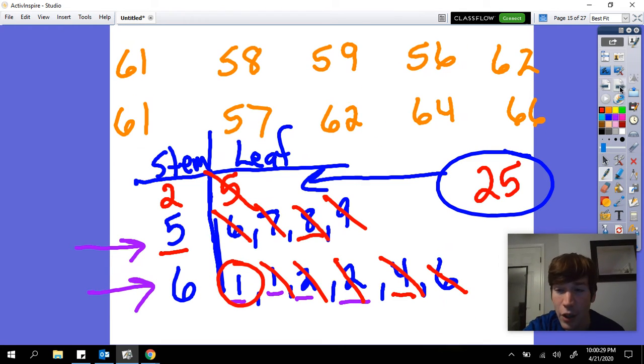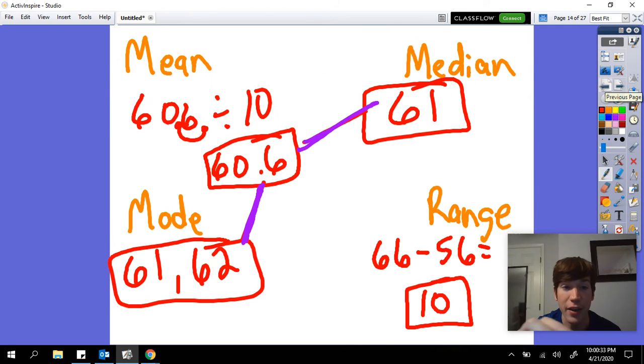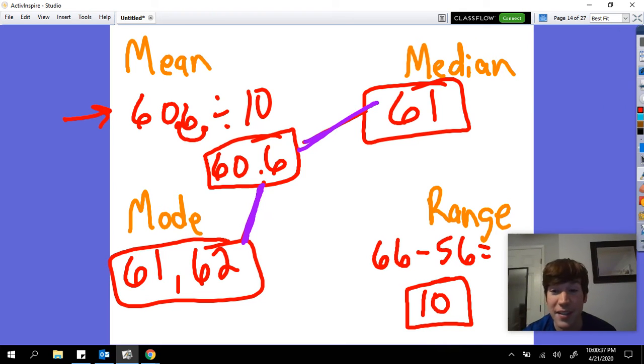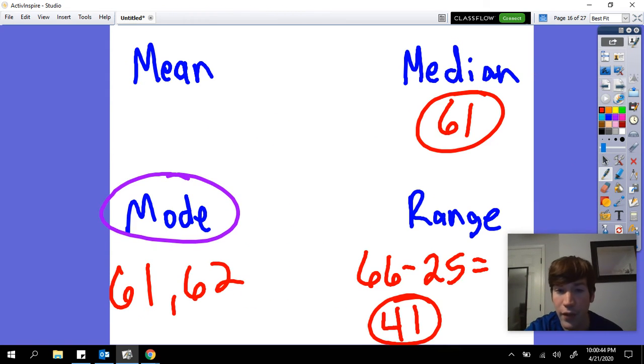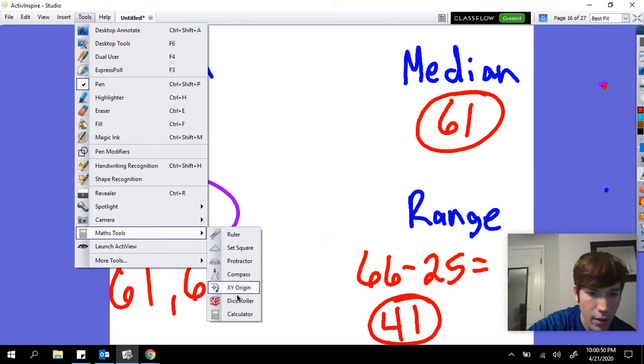Okay, lastly, we're going to find our mean. A quick trick I'm going to use is that I already know I added the first 10 numbers together and it was 606. So all I have to do is add the 11th number to that, which is 25. I'm going to get my calculator for the division, just to speed it up a little bit.